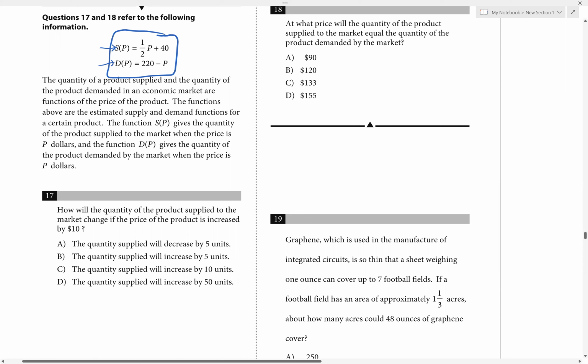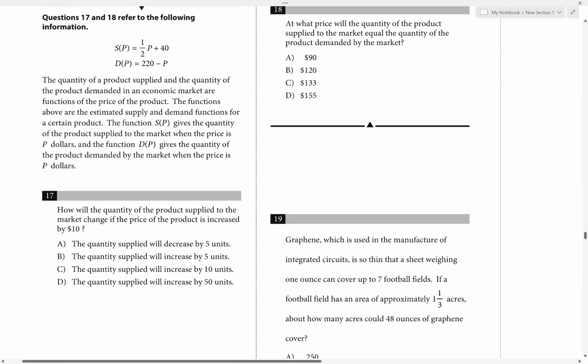Okay. So now let's look at question 17. It says, how will the quantity of the product supplied to the market change if the price of the product is increased by $10? Okay, so that's a price increase by $10. How much will the supply change? Since we're talking about the quantity supplied, which function do we use? I have to use the first one, right?